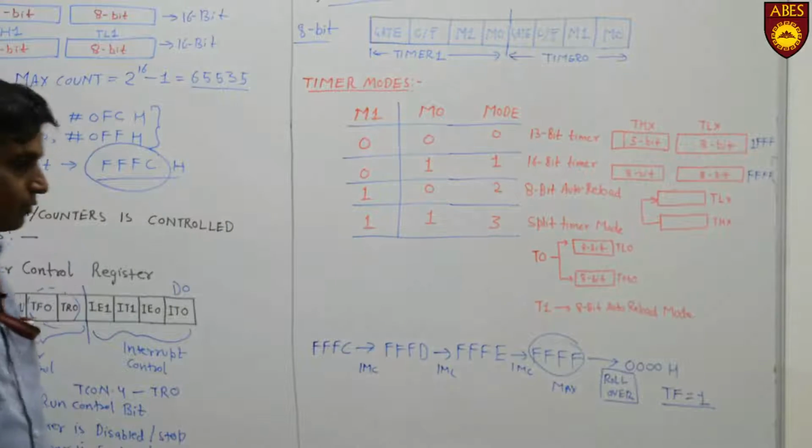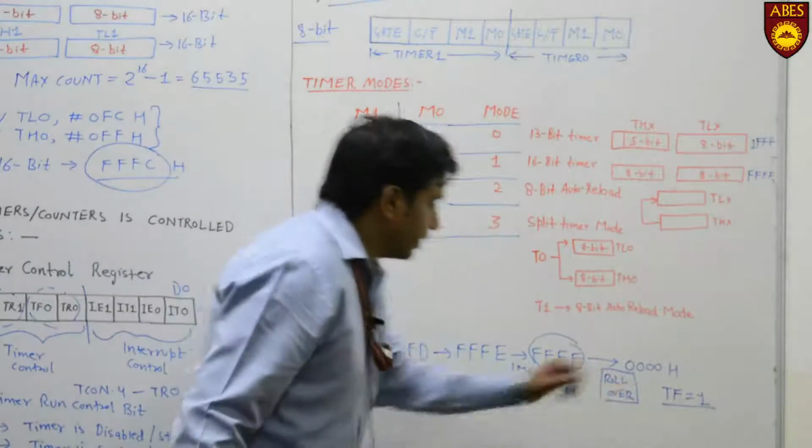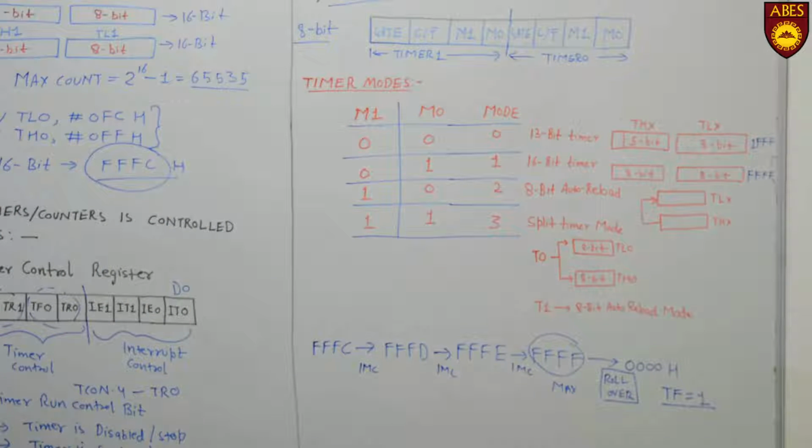Initially we had left the meaning of TF; here we can understand it. Whenever the timer rolls over to 0000H, the TF0 or TF flag becomes 1. In case of timer 0, TF0 is used, and in case of timer 1, the TF1 flag is used.